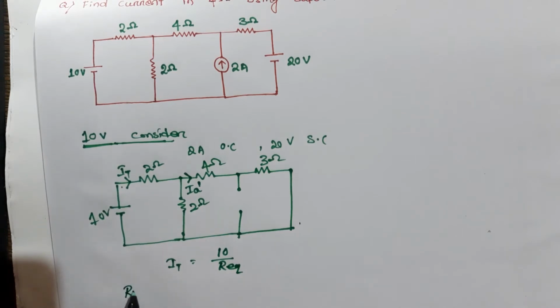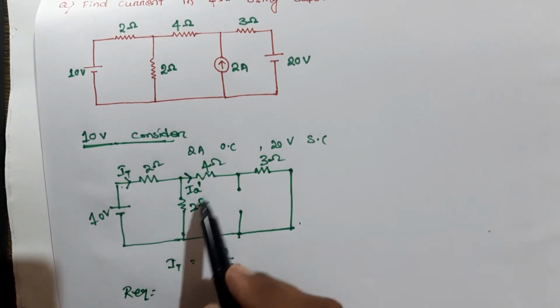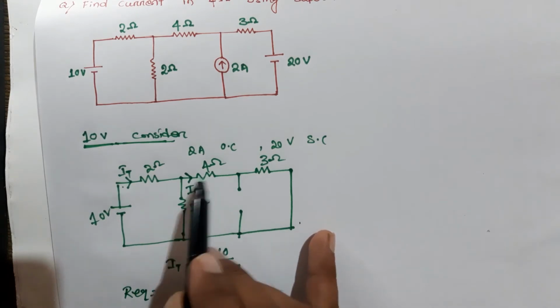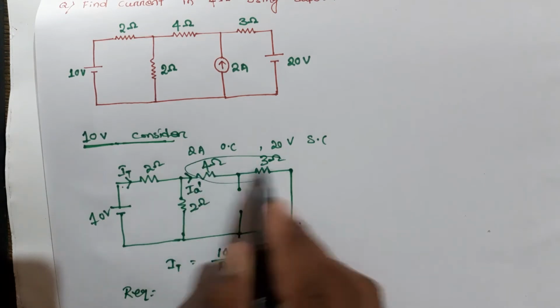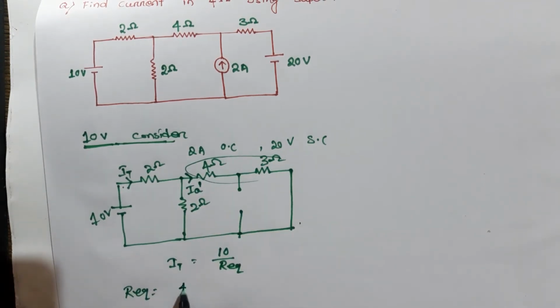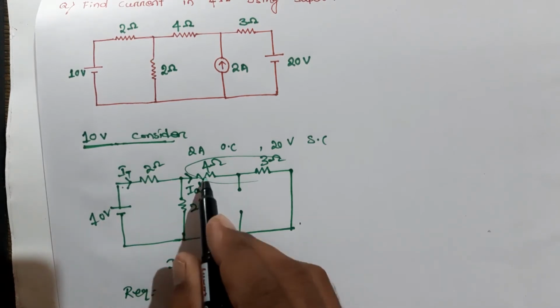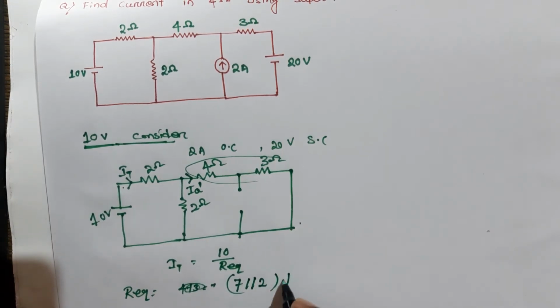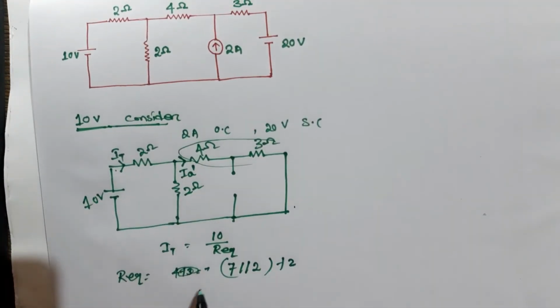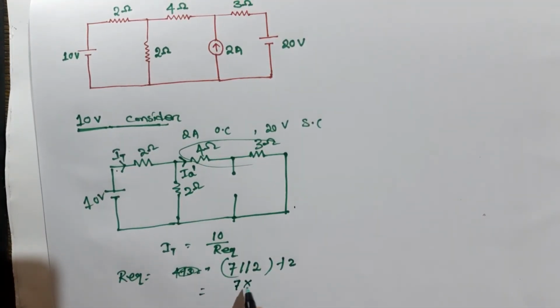This R equivalent is equal to, see, this is open circuited, so these two are in series, 4 plus 3. This series combination is in parallel with this 2 ohm, then plus 2. So this is 7 parallel with 2, then plus 2, equal to 7 into 2 divided by 7 plus 2, plus 2.